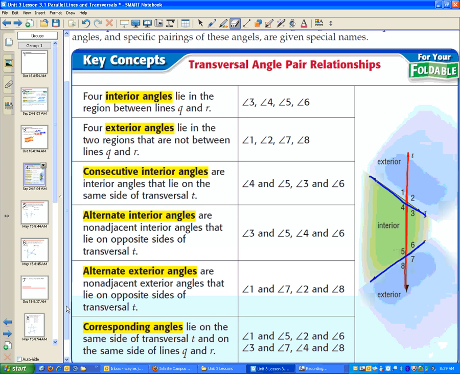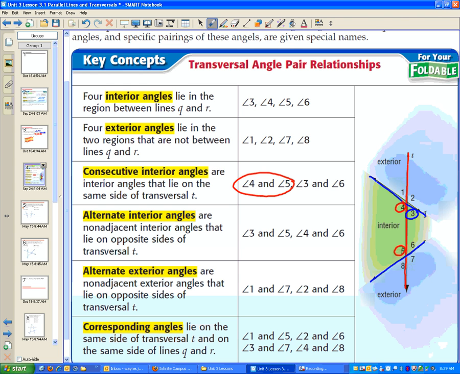Consecutive interior angles are interior angles that lie on the same side of the transversal. So look, angle 4 and angle 5 are interior angles on the same side of the transversal. So they are one pair of consecutive interior angles.